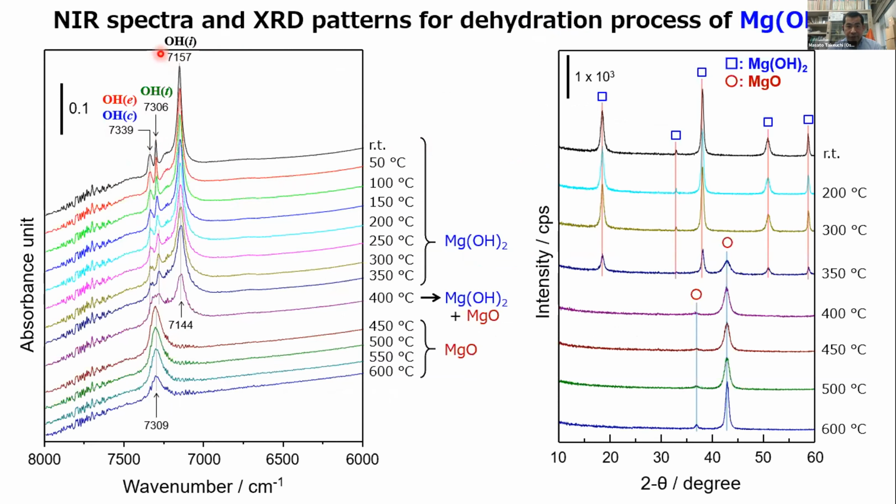And interlayer OH groups gradually decreased and disappeared at 450 degrees C. When we look at the XRD patterns, the MgO phase was observed at around 350 to 400 degrees C. So these spectral changes can be related to the phase transition of magnesium hydroxide to magnesium oxide.